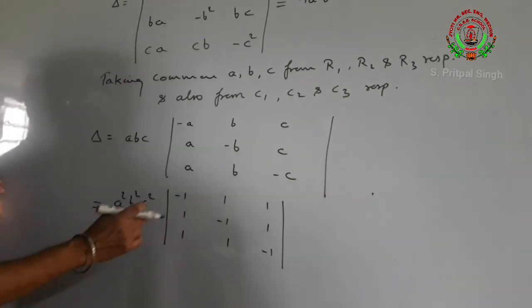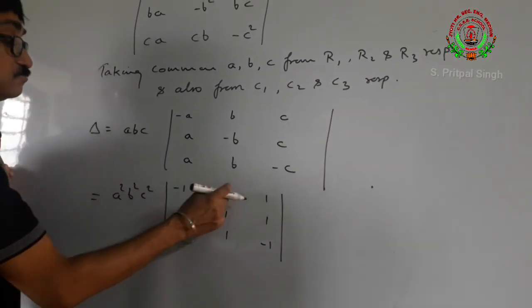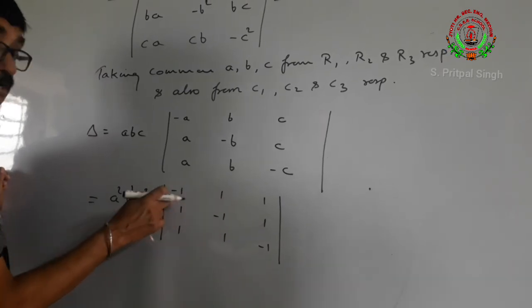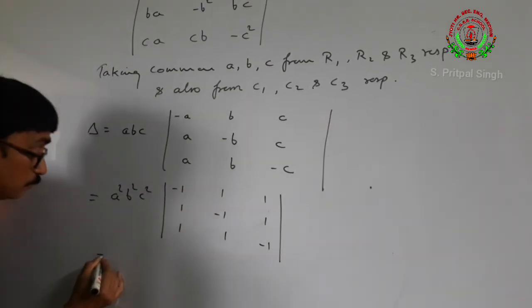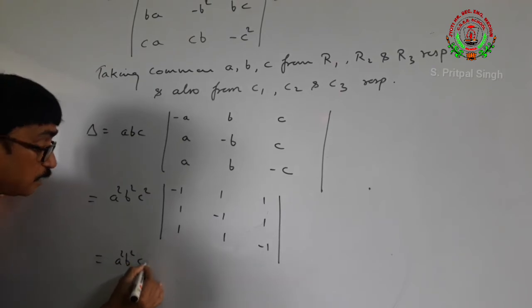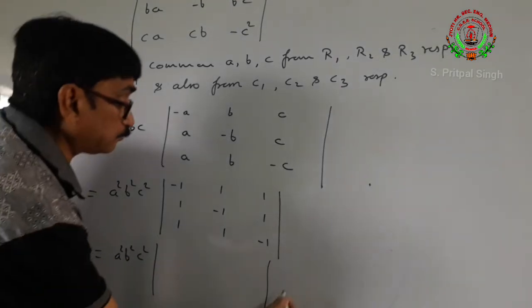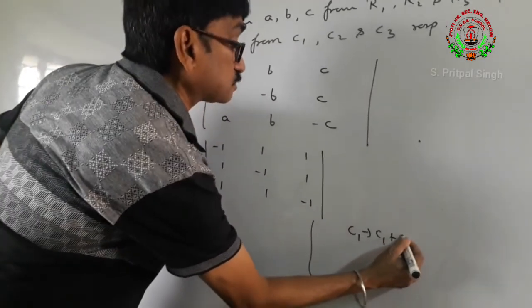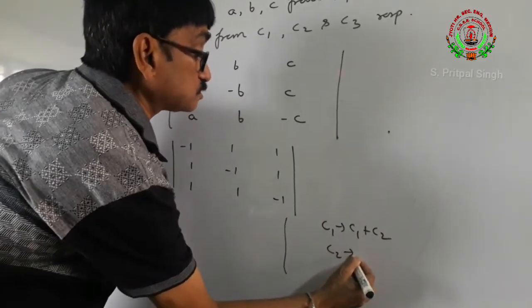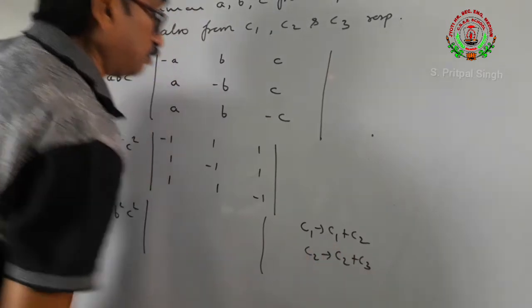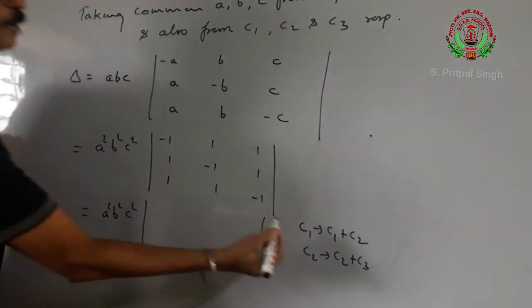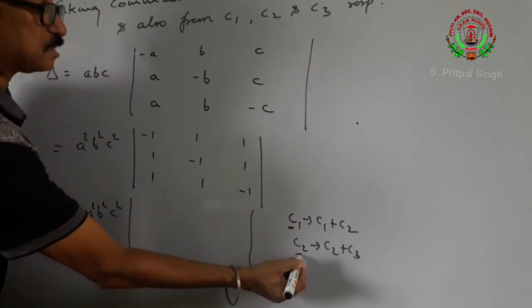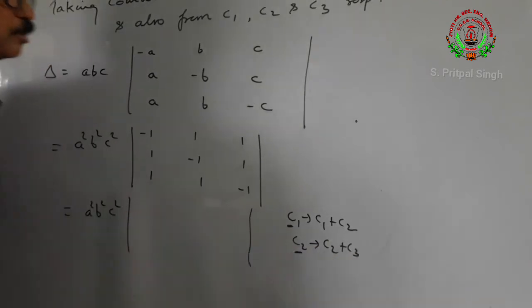Now if we add up these two terms, we will get the lower terms as 0. Now a square, b square, c square, we can apply one property: C1 equals C1 plus C2 and C2 equals C2 plus C3 also.